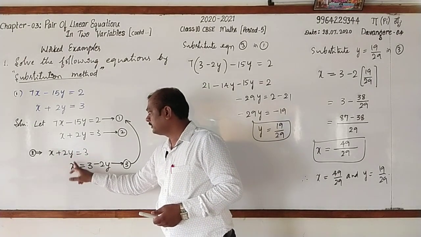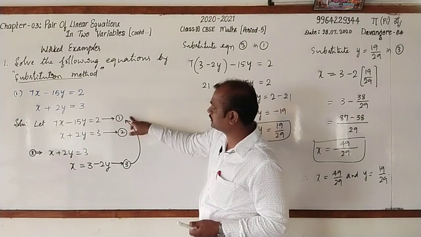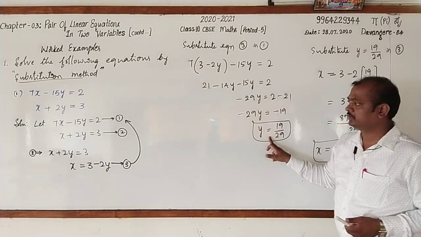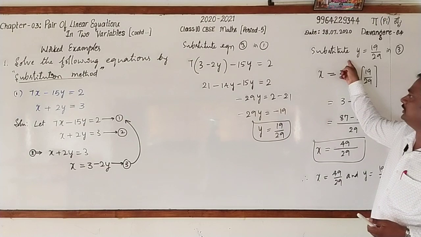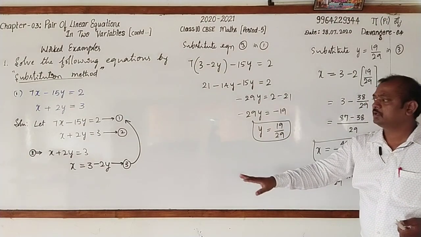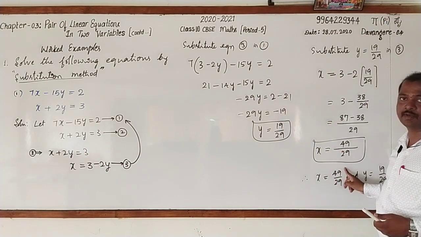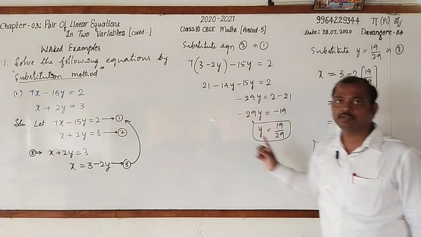And from this, x has been solved. Call it 3, and substitute 3 in 1. Then you will get y. x is substituted, hence we get y. Now substitute y in any one of the three equations, but the simple one is the third equation. You will get the x value. Now please go for writing from there to here.